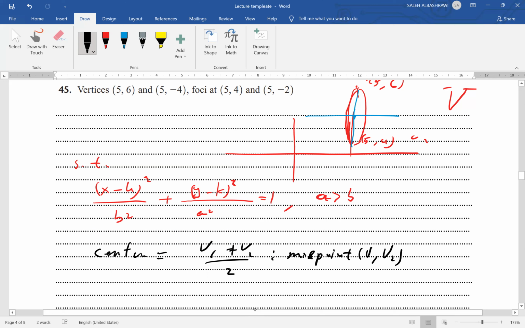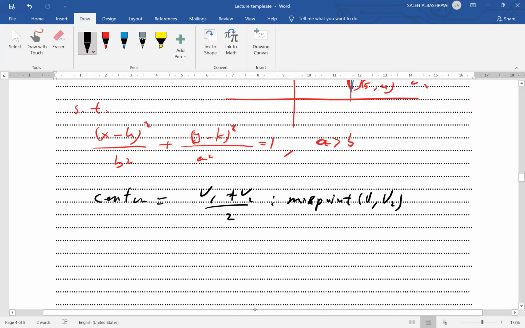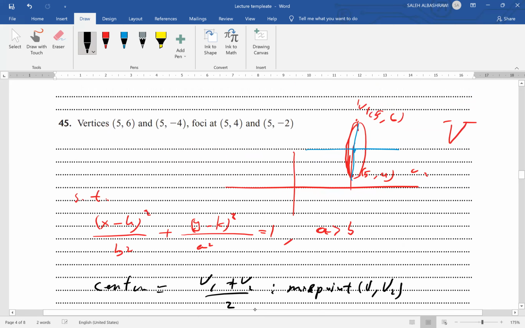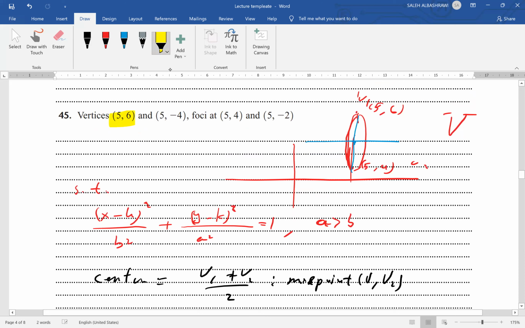Now the midpoint is given by the x coordinate divided by 2 and the y coordinate divided by 2. So I have 5 plus 5 divided by 2. These are the vertices. So this is a mistake. It is minus 4, it should be down.